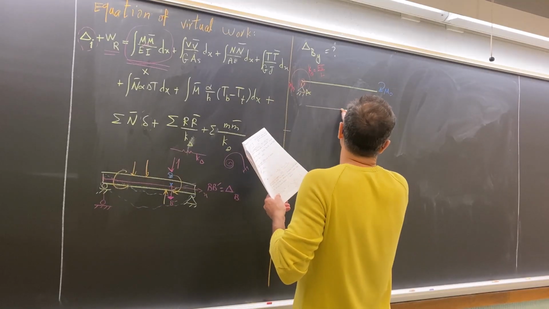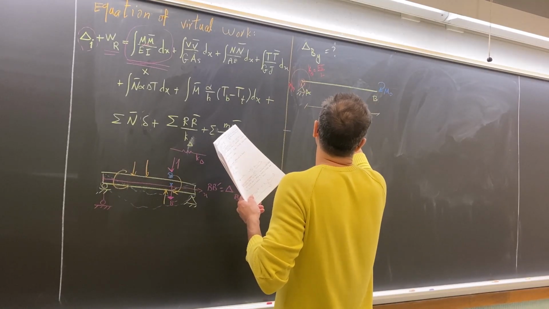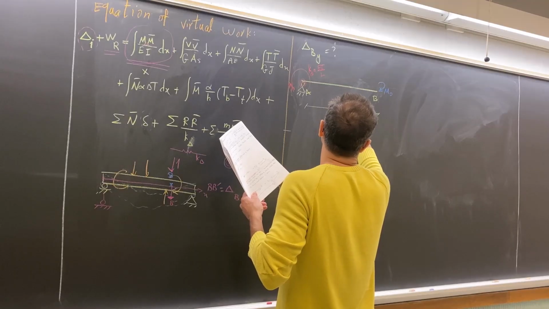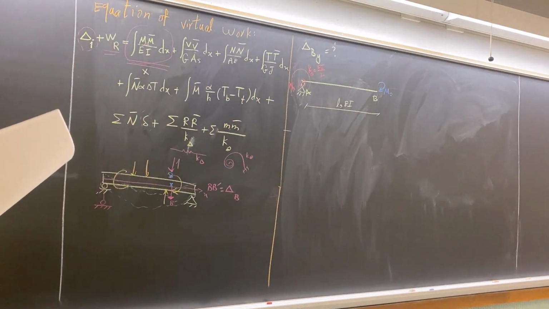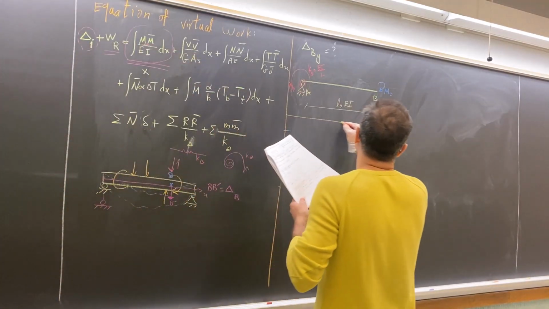The length of the beam is L, modulus of elasticity E, and I, so EI is the rigidity. Okay. That is the question.